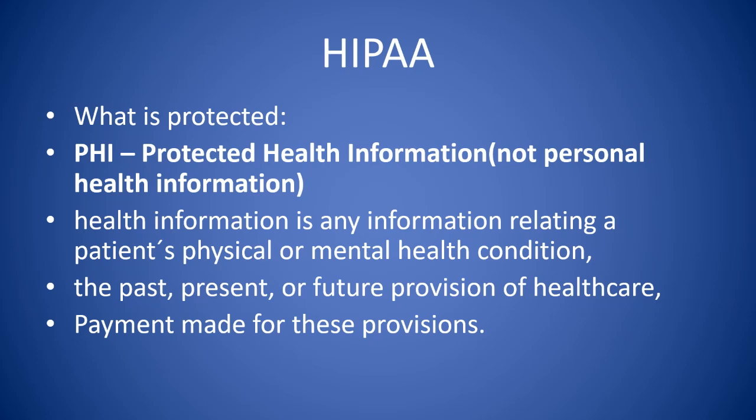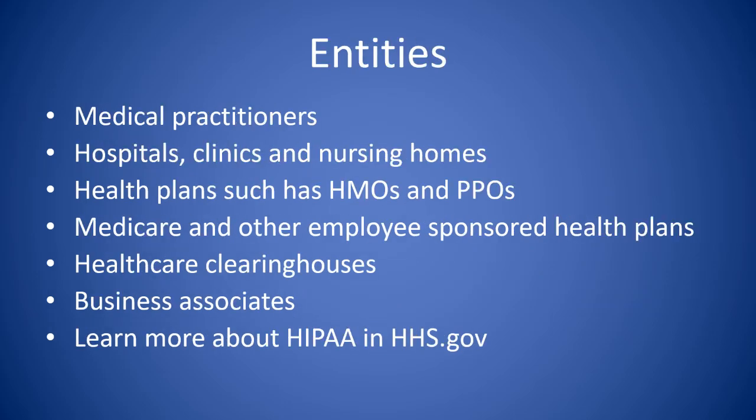So, HIPAA applies to entities. What are those entities? They are medical practitioners like doctors, medical institutions like hospitals, clinics and nursing homes, health plans such as HMOs and PPOs.